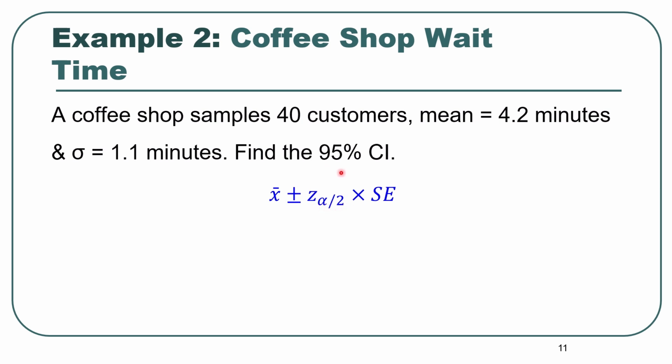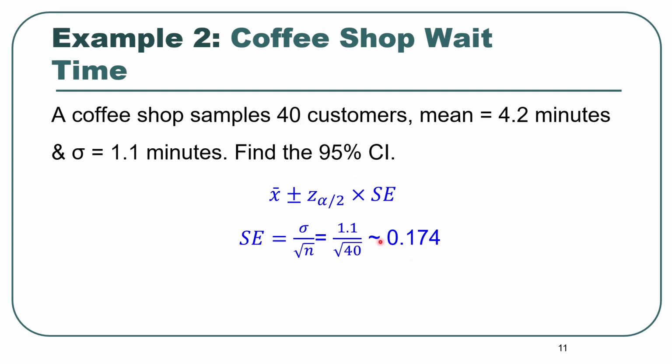We have here 95%, so this is a common value. I can just plug in that value, which is 1.96. We saw it in our previous slides. Common values for 95%, I don't need to enter my table. Z is 1.96. We are going to calculate SE as sigma over the square root of n. Sigma is 1.1 minutes over the square root of 40. That will give us approximately that value.